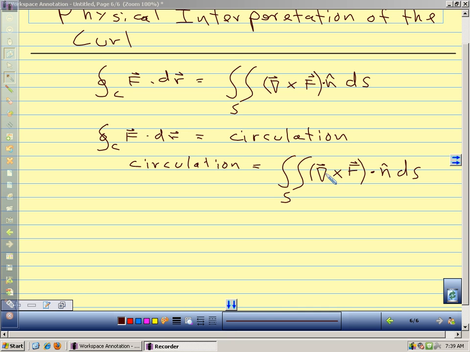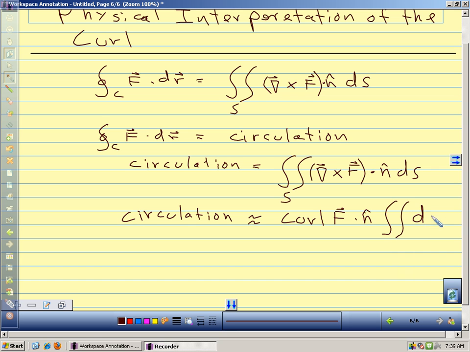The normal vector doesn't vary, and the curl doesn't vary. So we can say that the circulation is approximately equal to the curl of f dot n times the double integral of ds.